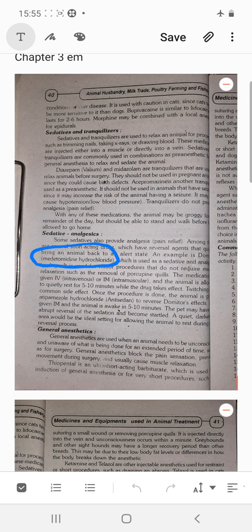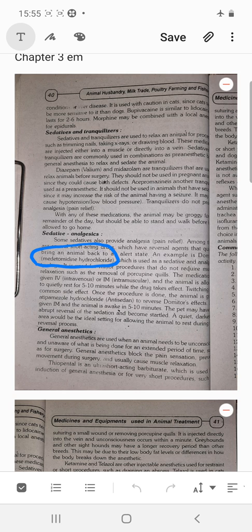General anesthetics are used when an animal needs to be unconscious and unaware of what is being done for an extended period of time, such as for surgery. General anesthetics block the pain sensation, prevent movement during surgery, and usually cause muscle relaxation.